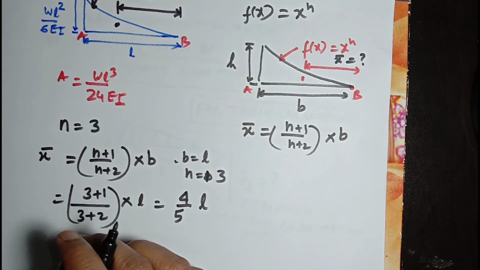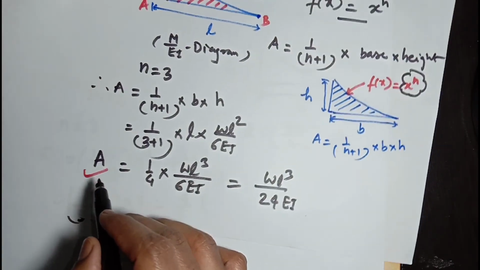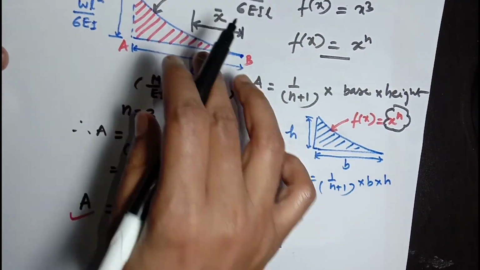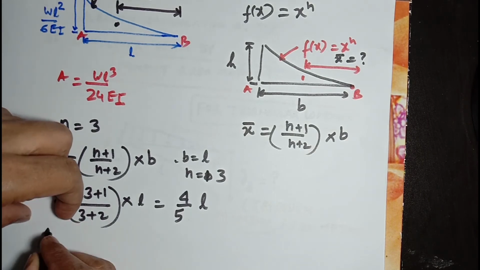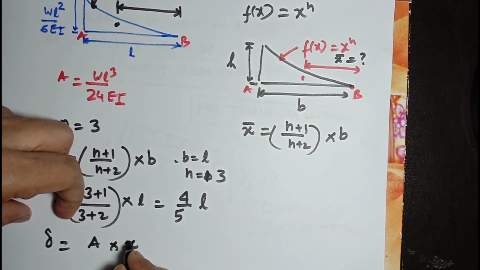Here we have found out the area of this M over EI diagram. So delta will be A multiplying with x bar.